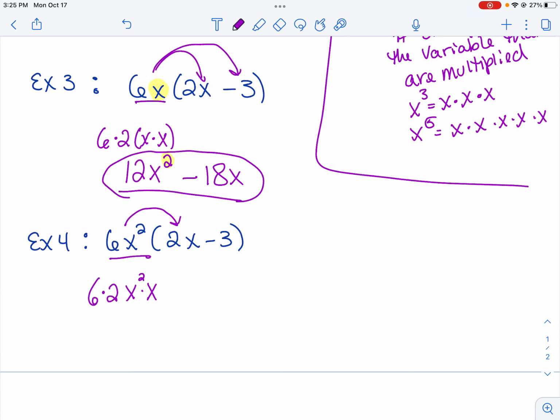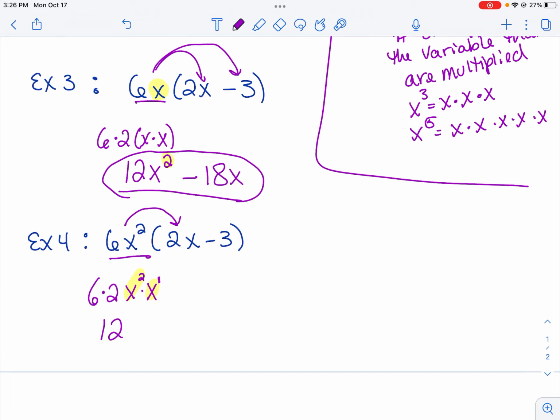It's called the commutative property, rearranging, so I can see what should be next to each other. Well, 6 times 2 is 12. And then x squared times x, again, think about how many x's you have total. Well, from x squared, we really have 2 x's. And from x, we just have 1. There's an imaginary exponent of 1 there, even if we don't see it.